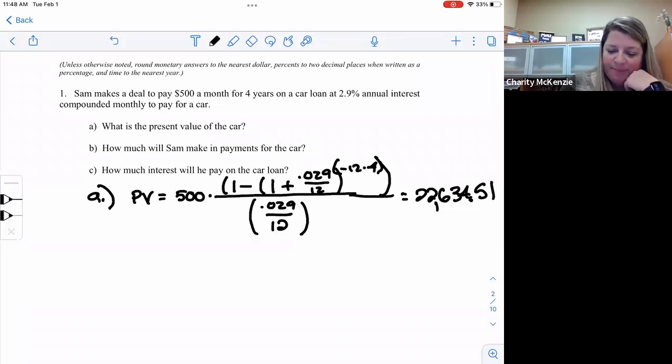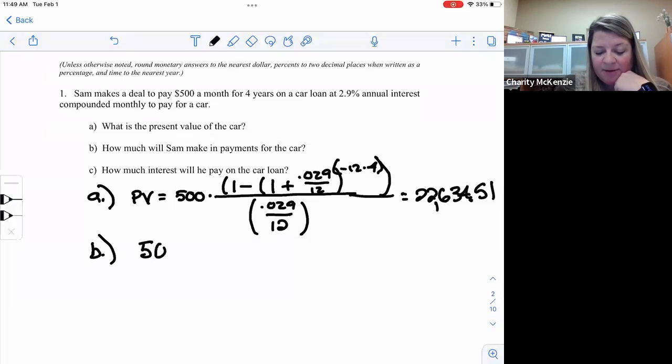Okay, part B. How much will Sam make in payments? So he is making a $500 a month payment every month for 4 years. So it's always P times N times time. Okay, this is his contribution.